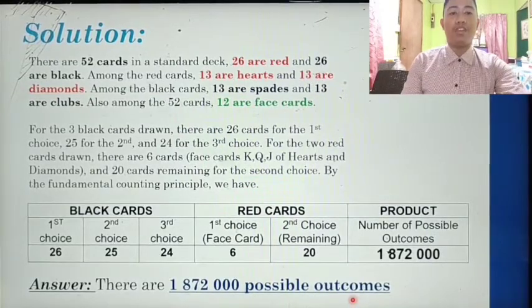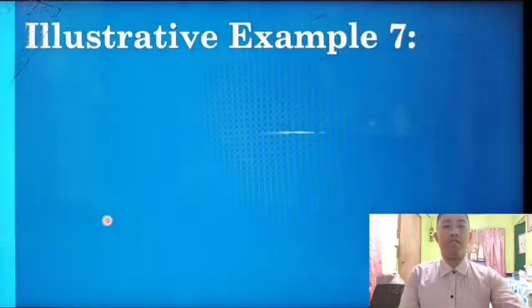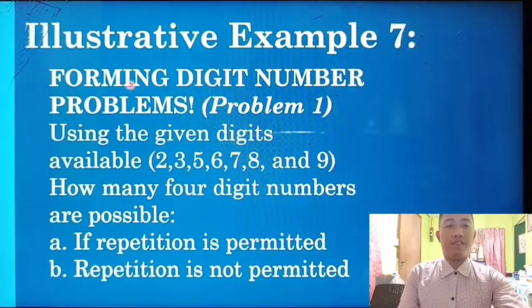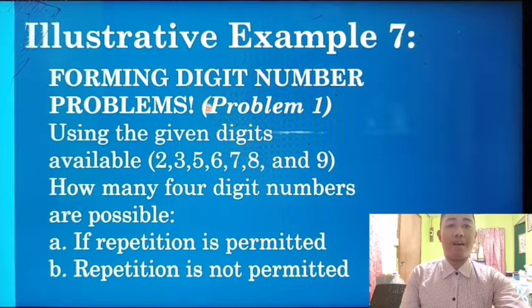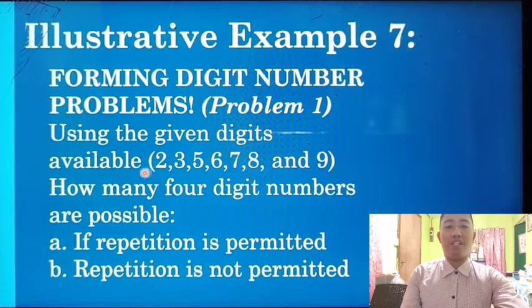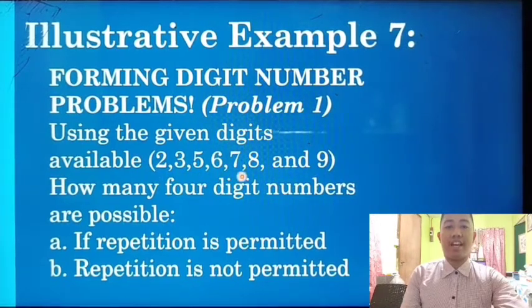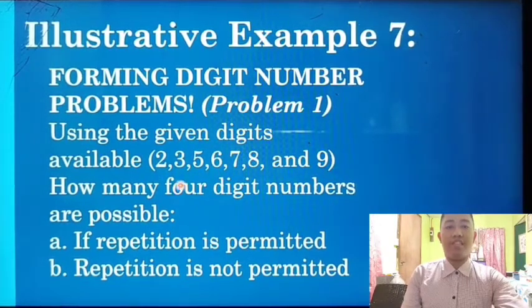So let us proceed to the next illustrative example, number 7. That is the forming digit numbers problems. This is the first problem in forming digit numbers. So using the given digits available, which are 2, 3, 5, 6, 7, 8, and 9, there are only 7 digits in all.